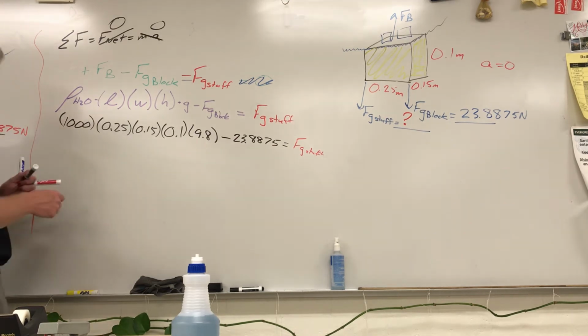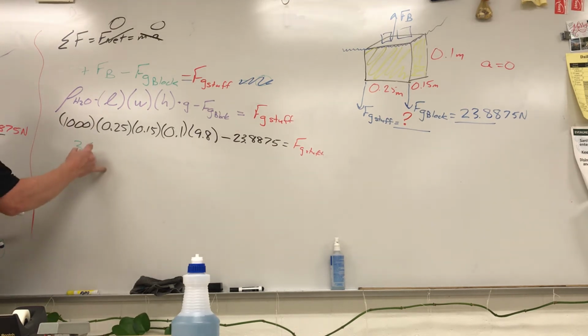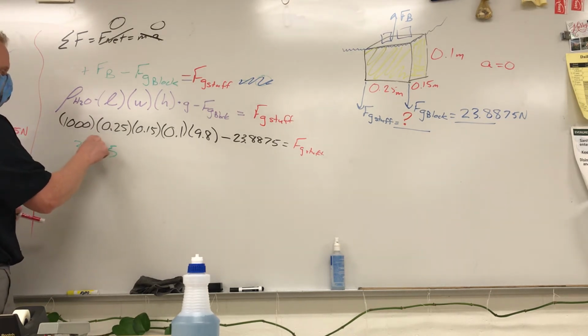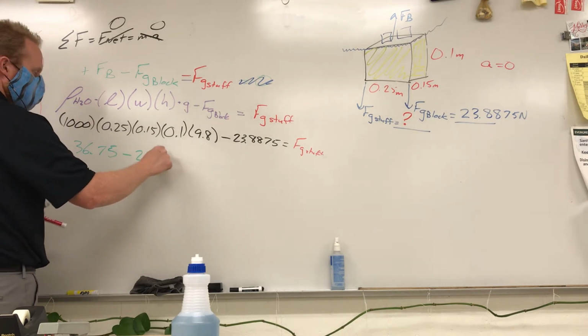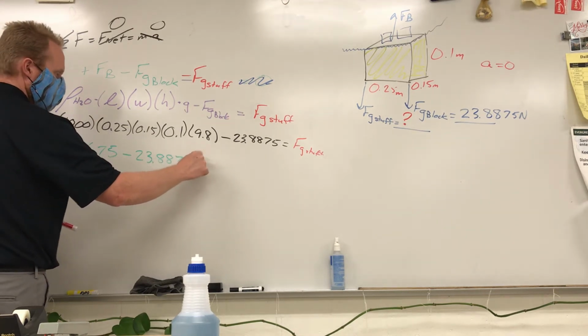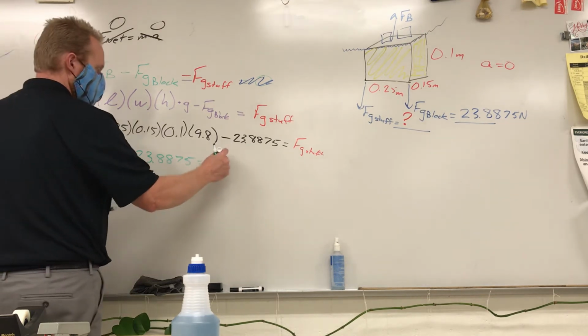My buoyant force is 36.75 newtons minus 23.8875, which equals FG.